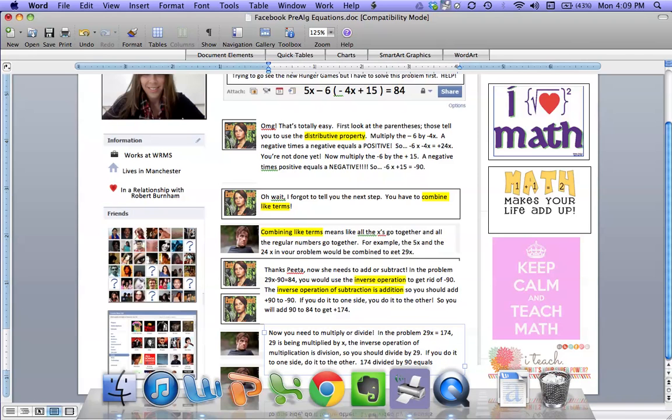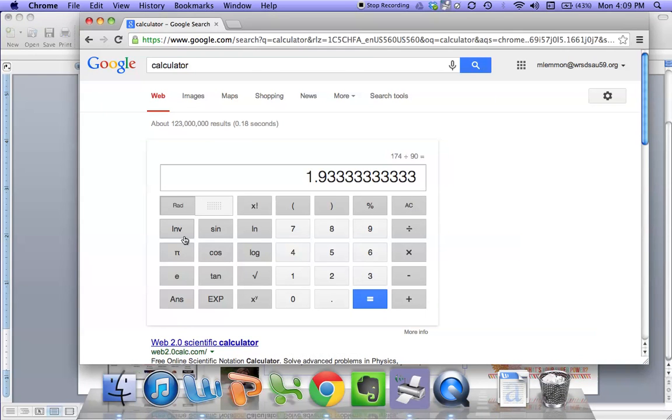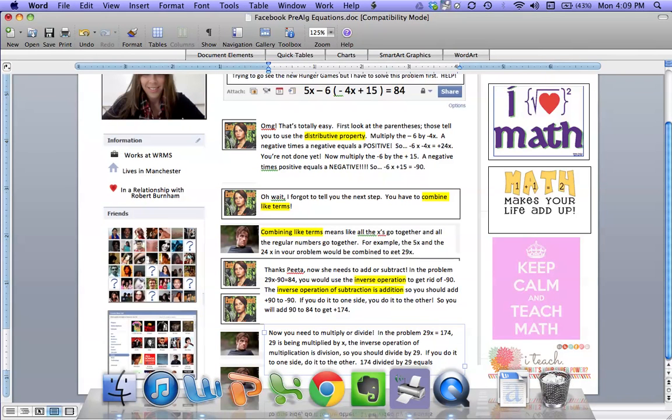Oh, because I didn't do it right. Why didn't you guys stop me? 174 divided by 29. I'm losing my mind. Clear. 174 divided by 29. That seems right. That's going to be 6. Equals 6. X equals 6. And we are done.